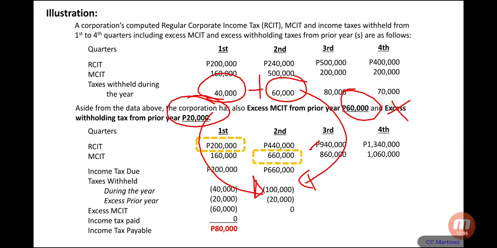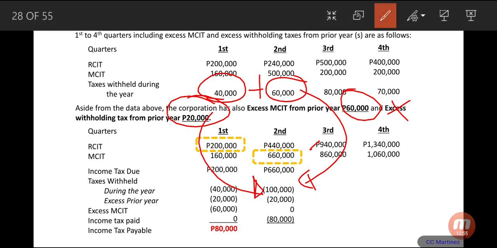May binayaran na ba tayong taxes previous quarter? Of course, meron. Magkano? 80,000. Saan nakuha? So, ito yung binayaran natin ng first quarter. Okay? So, computin na natin. 660,000 less 100,000 less 20,000 less 80,000.